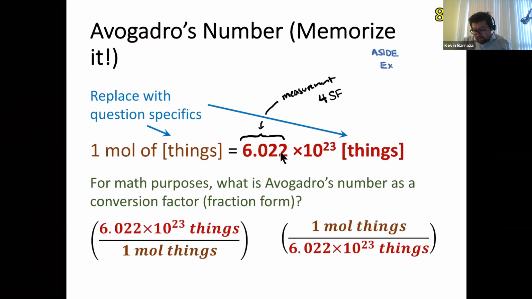But remember, we have exact numbers, and those have infinite sig figs. Among those exact numbers, what do we have? We have counting numbers. And I want to stress that Avogadro's number doesn't count as a counting number. When we say a counting number, we mean something that we actually, with our eyes, counted.